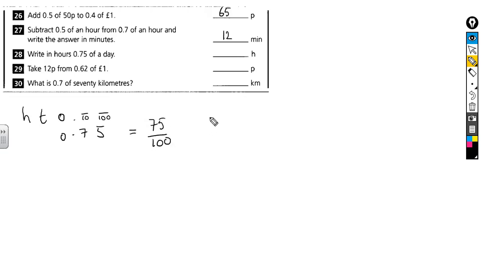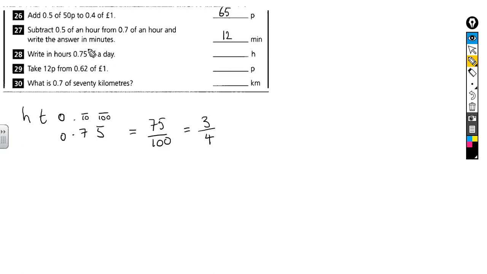If we simplified this, we would get 3/4. This is something you really need to know off by heart, that 0.75 is the same as 3/4. So we're being asked to write in hours what is 3/4 of a day.